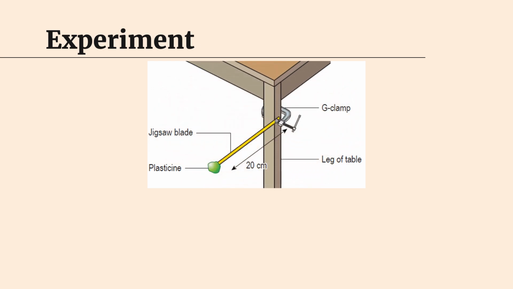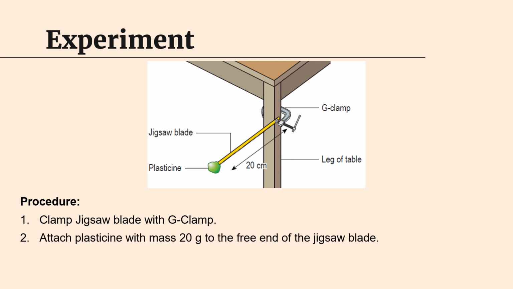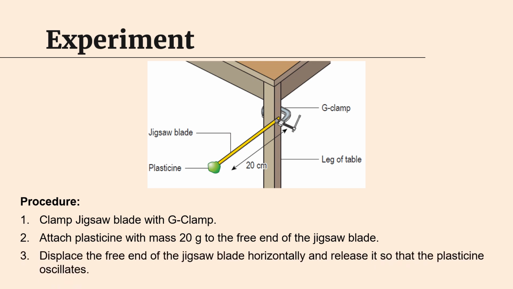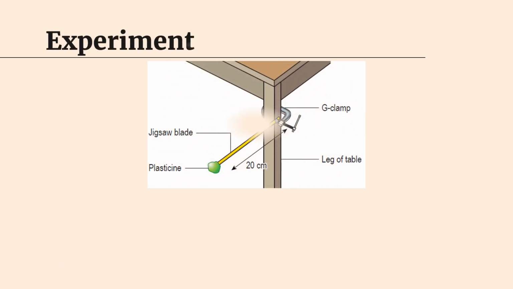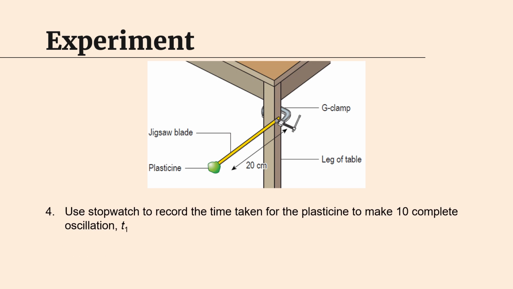So, this is how we set up the experiment. First, clamp jigsaw blade with G-clamp to the table. Second, attach plasticine with mass 20 gram to free end of the jigsaw blade. And then use stopwatch to record the time taken for the plasticine to make 10 complete oscillation, T1.